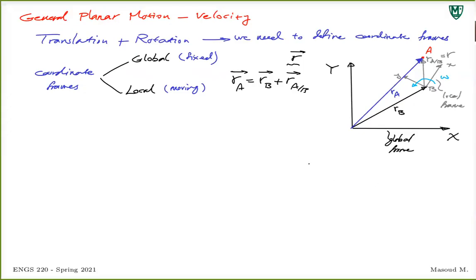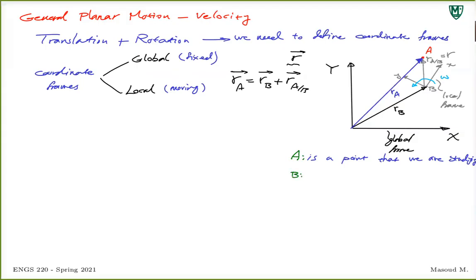Now let me put a couple of things here, because later on this can be confusing, so it's good to have them all here. A is a point that we are studying.